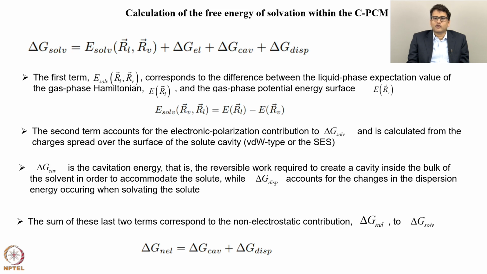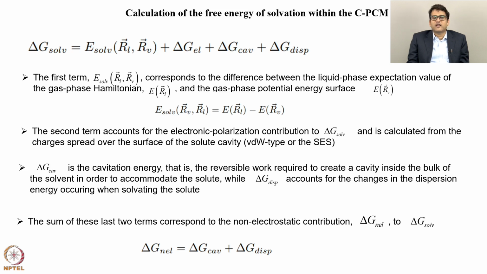The first term corresponds to the energy difference between the liquid phase expectation value of the gas phase Hamiltonian and the gas phase potential energy surface, and the corresponding value for the gas phase, written as ERL minus ERV. The second term accounts for the electronic polarization contribution to the delta G solvation and is calculated from the charges spread over the surface of the solute cavity.